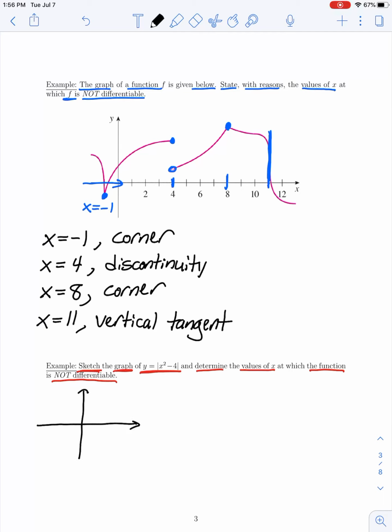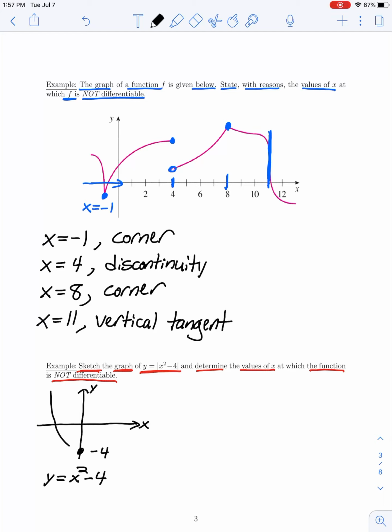If I just consider the function inside of the absolute value, that is y equals x squared minus 4, this is a quadratic function with a positive x squared value. So its graph is a parabola opening upwards. It's written in the standard form for a parabola, so we can see immediately that its vertex would be at the point (0, -4).